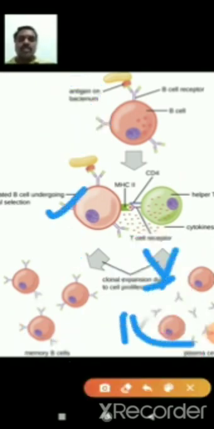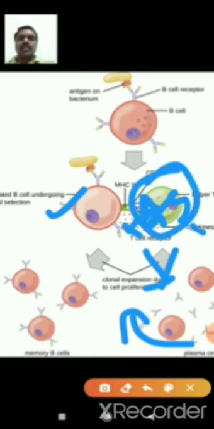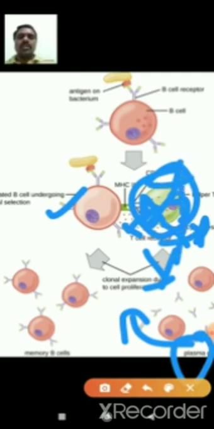These plasma cells destroy the malaria antigens. So that person is cured of malaria. The immunity is gained by the plasma cells and the antigens are destroyed, and he recovers from malaria.